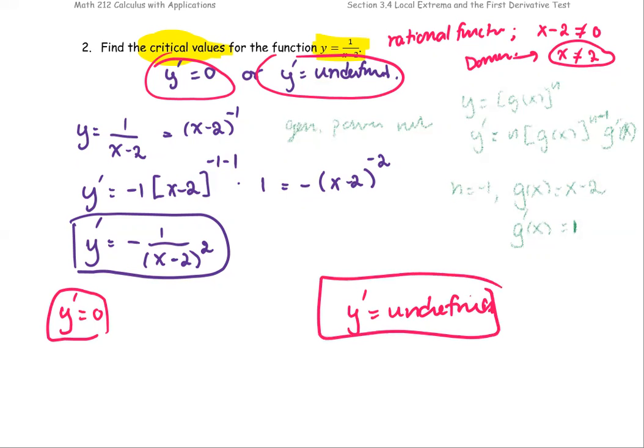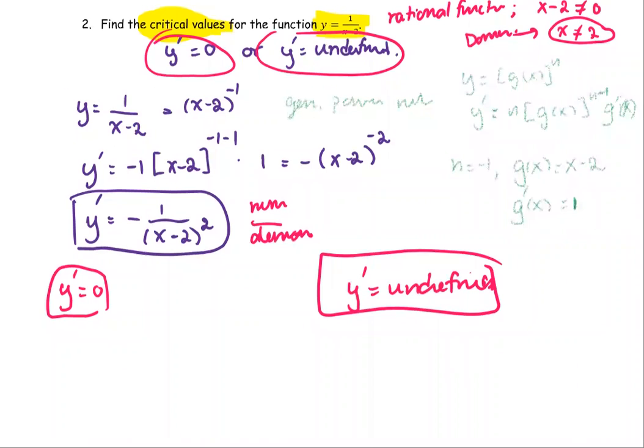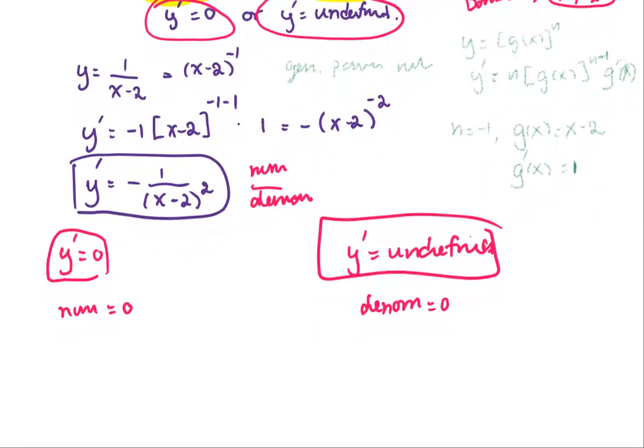When y prime is in fraction form, the numerator divided by the denominator, the case that y prime is 0 is the case that the numerator equals 0, and the denominator being 0 is the case of undefined.